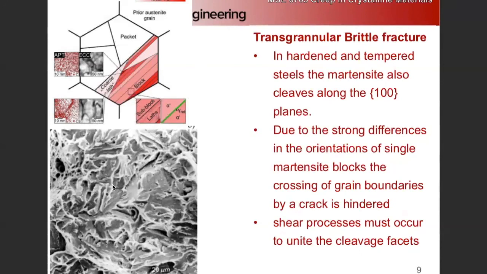So this large grain essentially gets broken down into a whole bunch of small grains, each with different orientations, and they're related by packets that share the same Bain correspondence, and blocks that share the same plane, and then the subblocks, right, have different orientations, right?